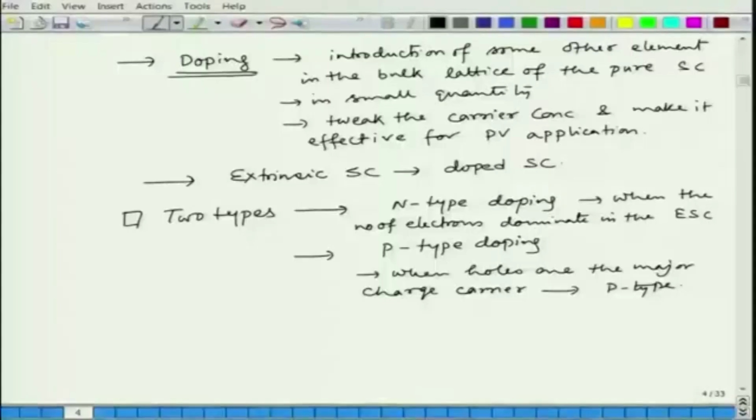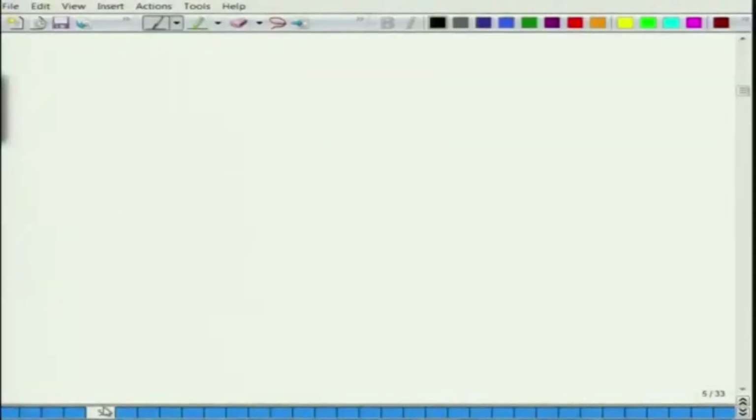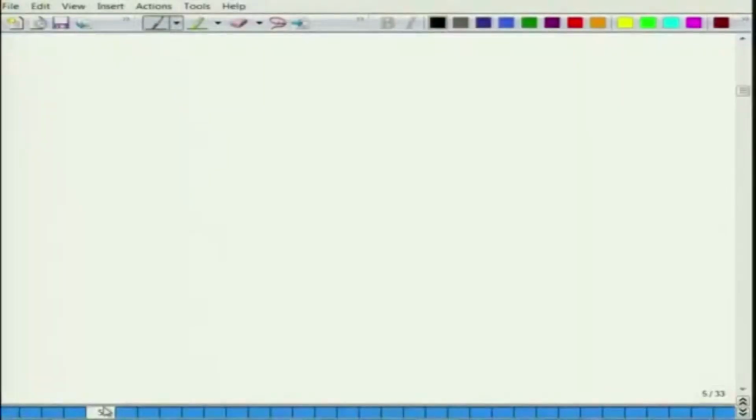So, that is why doping is introduced, and let me explain this with certain examples. We were talking about the intrinsic semiconductor silicon, and silicon in the periodic table is a column 4 element.